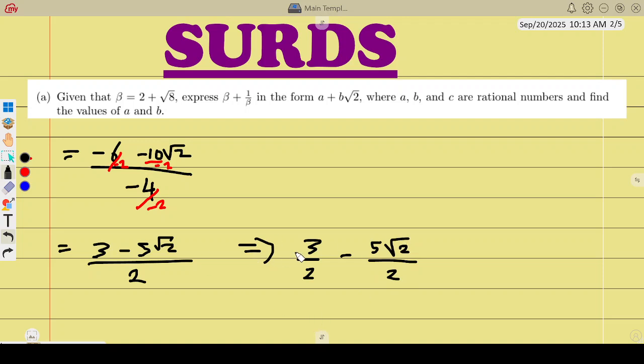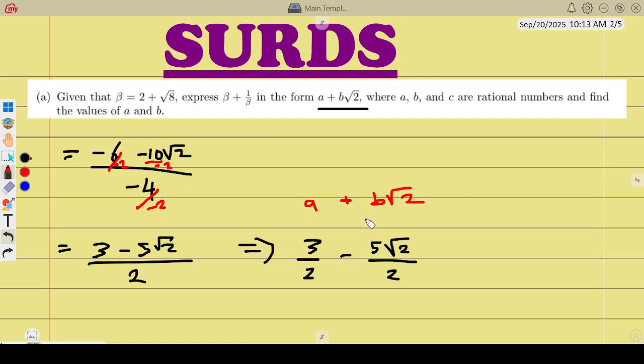Yeah, so I've expressed it in this form. So you can see this is A, and then we have a plus B root 2 there.